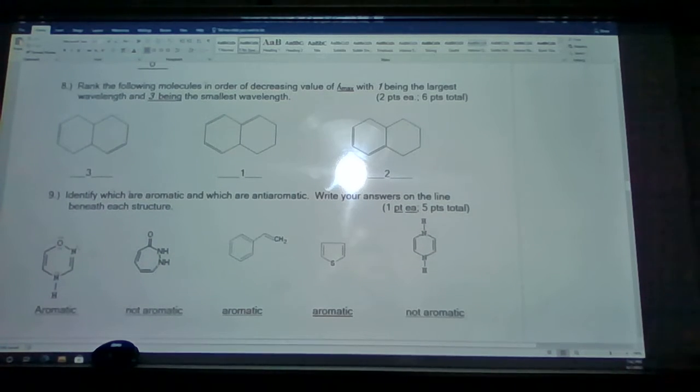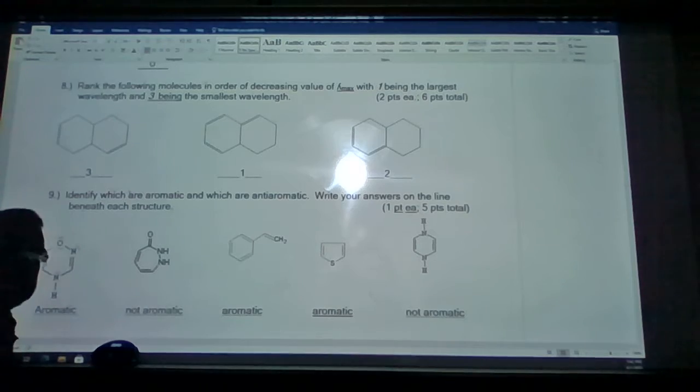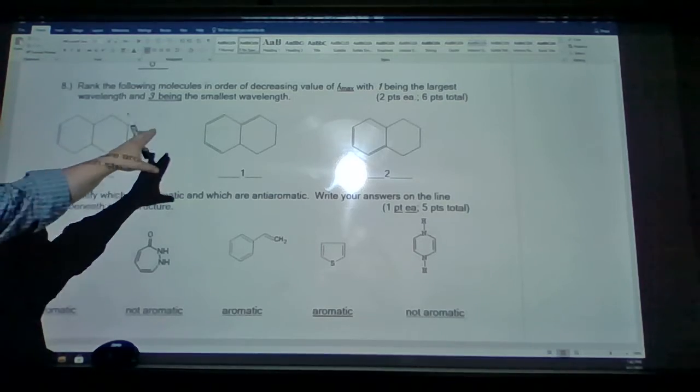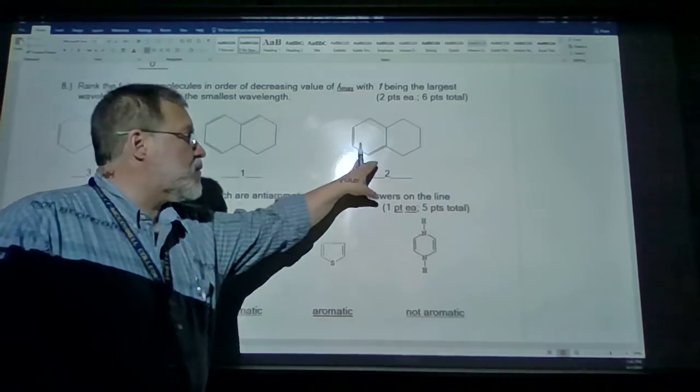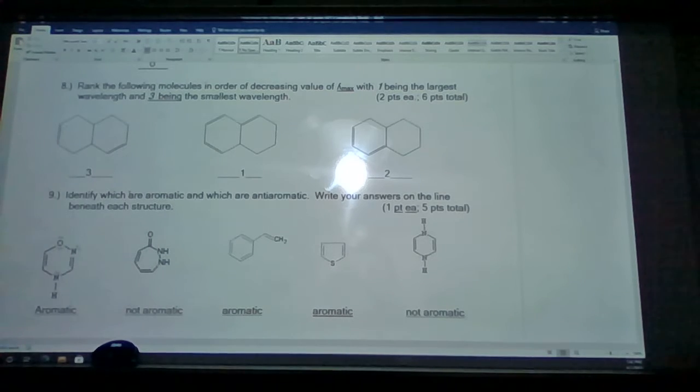Rank the following molecules in order of decreasing lambda max, with 1 being the largest wavelength and 3 being the smallest wavelength. Okay, well, we have to ask the question, do we have double bonds present? Yes. How many? Well, here we have 2 double bonds. Here we have 3 double bonds. This one we have 2 double bonds.